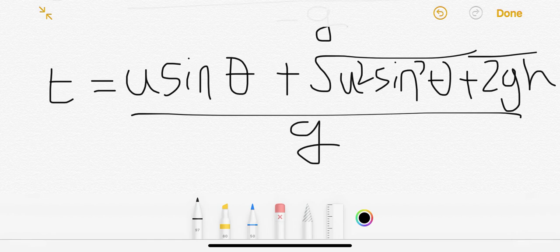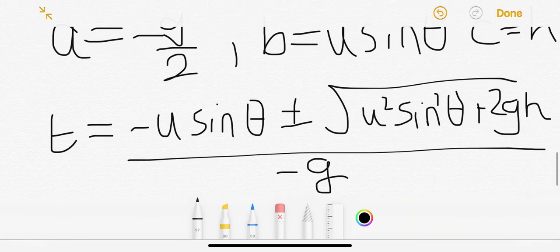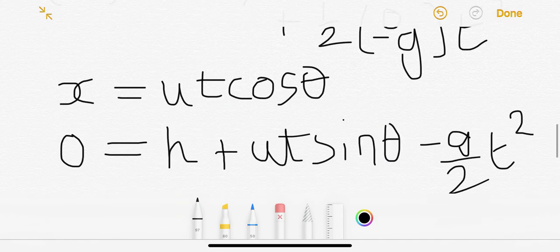We're now asked to find x. Well, if we go back to our equations further up, we get x equals ut cos theta. So all we need to do is multiply that t that we've just found by u cos theta.